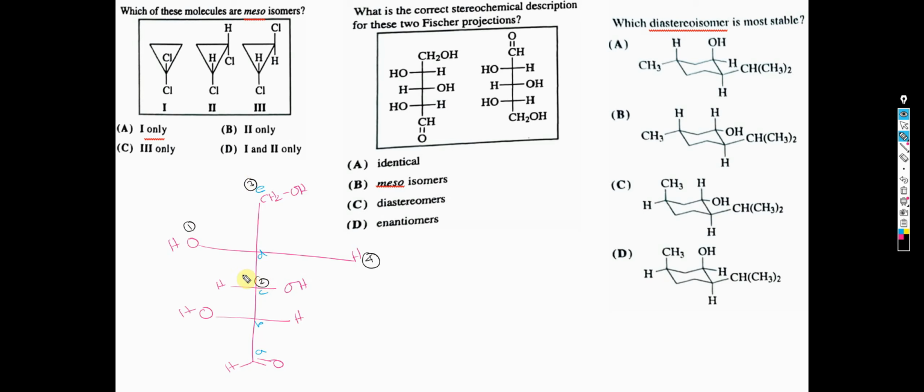So 1, 2, and 3 are counterclockwise, but the 4th priority group is horizontal. Therefore this is an R center. Now let us look at the second carbon.